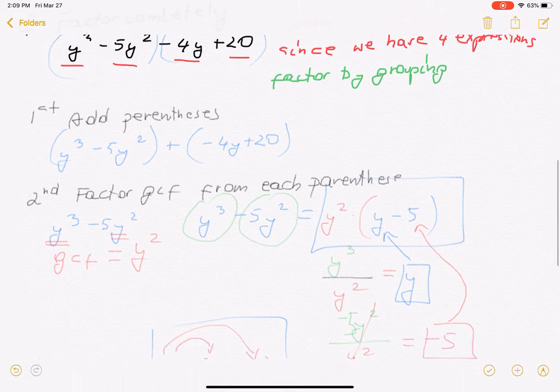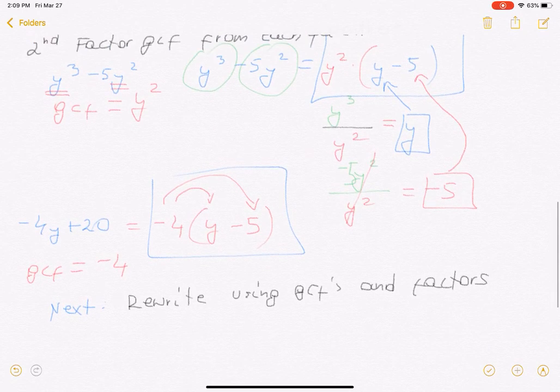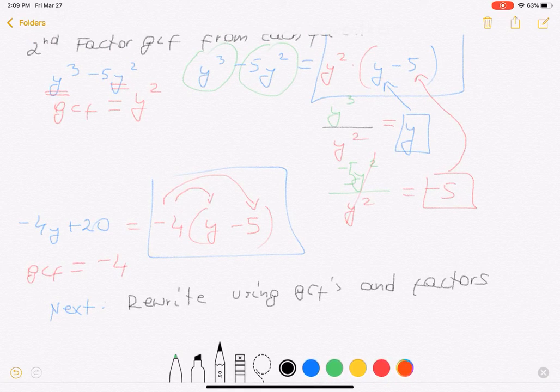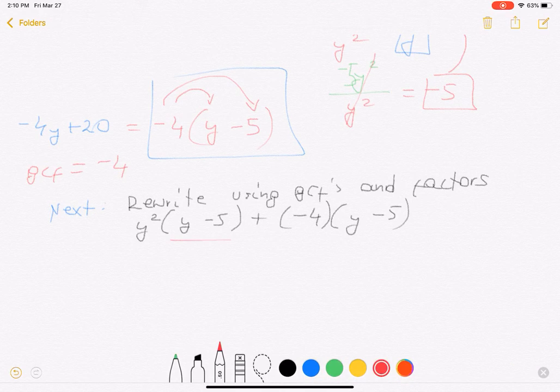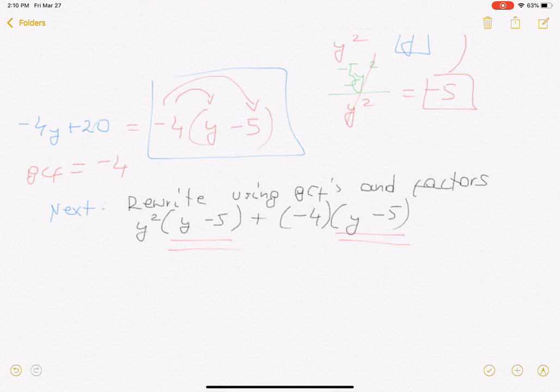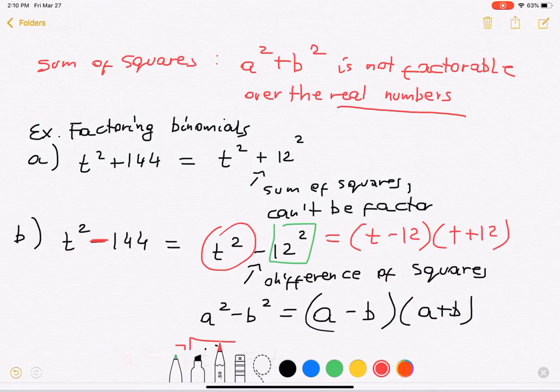So we're going to rewrite that as y squared times y minus 5 plus negative 4 times y minus 5. And now, since we have the same group which repeats, y minus 5, you're going to factor y minus 5.